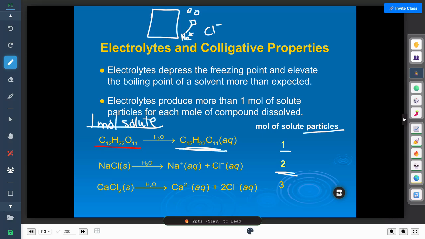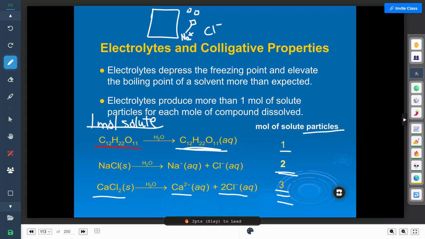So I get more particles from an electrolyte than I do from a non-electrolyte, because non-electrolytes are molecular compounds and they stick together. Now, if I take calcium chloride, CaCl2, and I put that into water, now I'm creating 1 mole of calcium ions and 2 moles of chlorine ions, which means I'm creating 3 moles of ions.